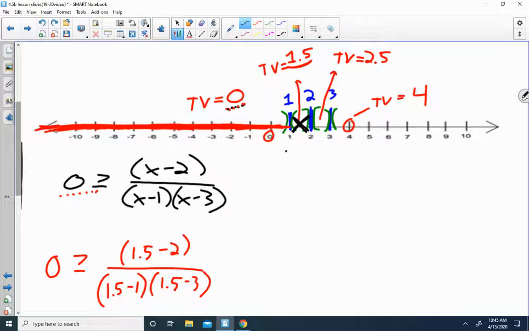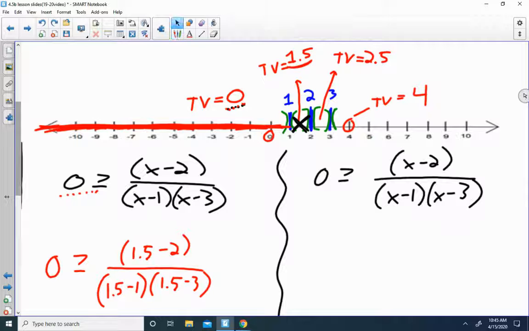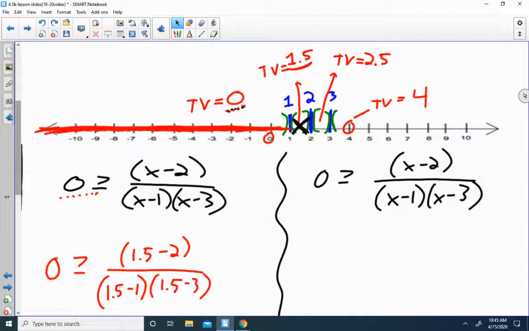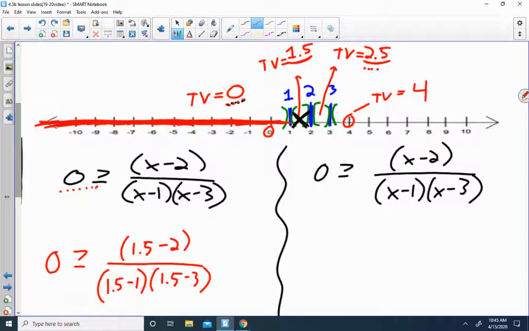Okay, 2 more intervals left to go. So now I got 0 greater than or equal to x minus 2 all over x minus 1, x minus 3. And again, if they're alternating, that should tell me that my test value here is going to give me a true statement. But let's find out just to be sure. So let's plug in our test value of 2.5.